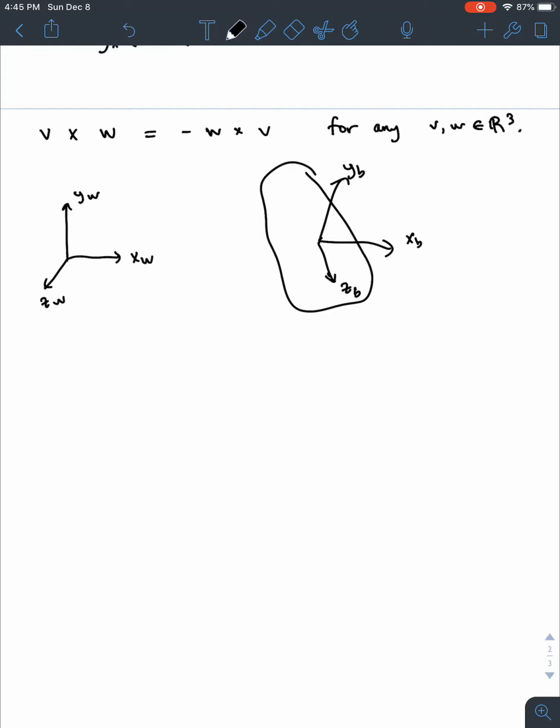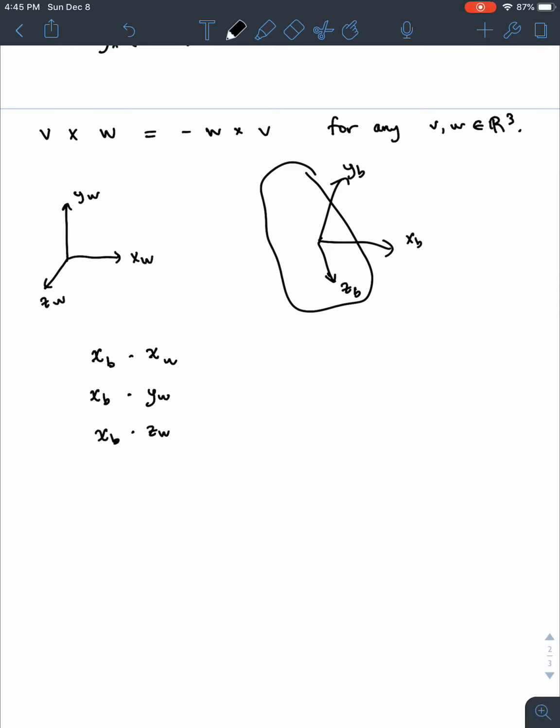So, for example, I need to keep track of each of these terms: xb.xw, xb.yw, xb.zw. You see, these are all the dot products of the vector xb with the vectors that make up the world coordinate system.